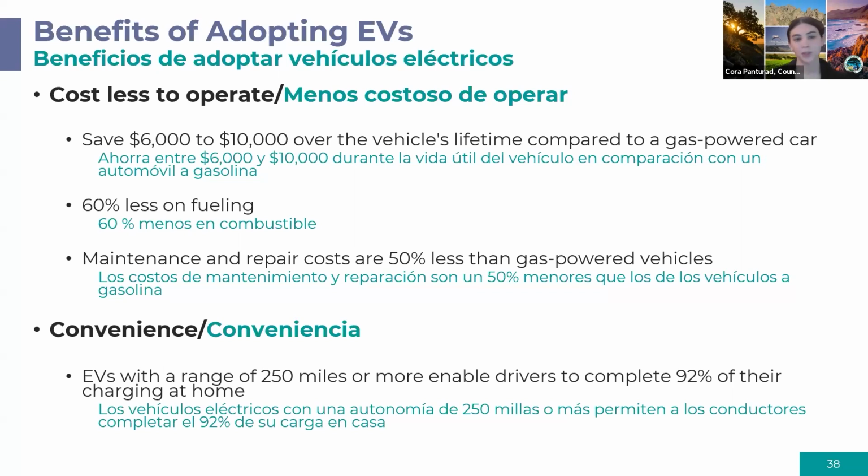EVs are also increasingly more available and convenient. Many models out on the market now have a range of 250 miles or more, and this enables people to complete 92% of their charging at home and also go where they need to go on one battery charge without having to think too much about range anxiety.